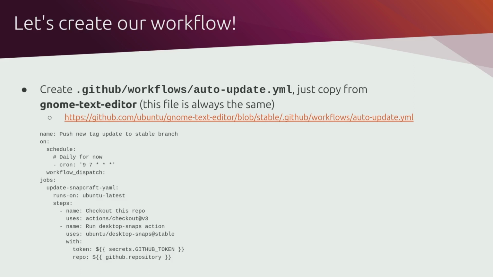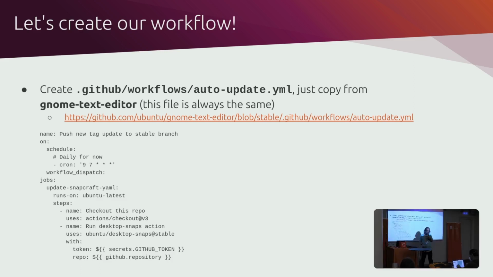So the external action in Ubuntu desktop snaps is allowed to make changes in our own repository. So you should copy and paste the whole file from the slide deck or from this repository.